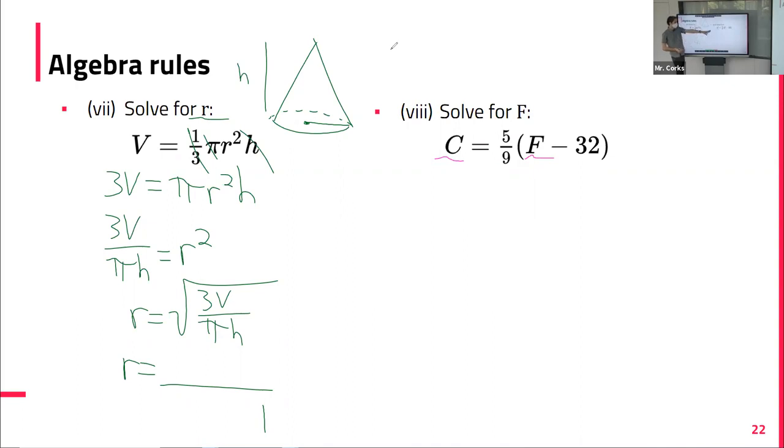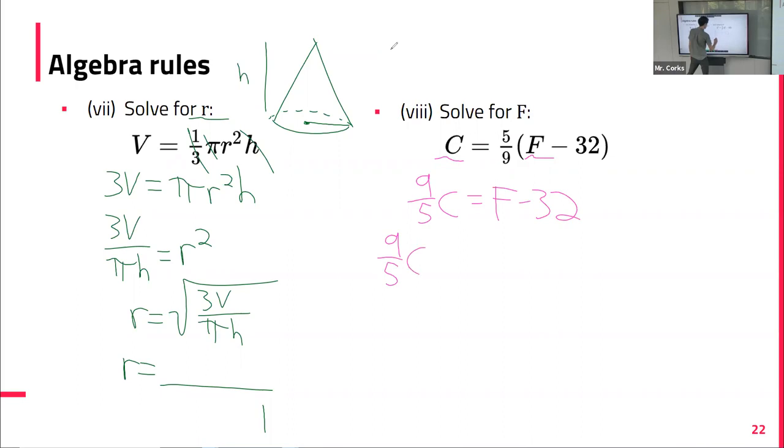So we could expand, but that's not necessary here. We can just divide by 5/9 or multiply by 9/5. So 9/5c equals f minus 32. And then move -32 to the left, so it becomes 9/5c plus 32 equals f.